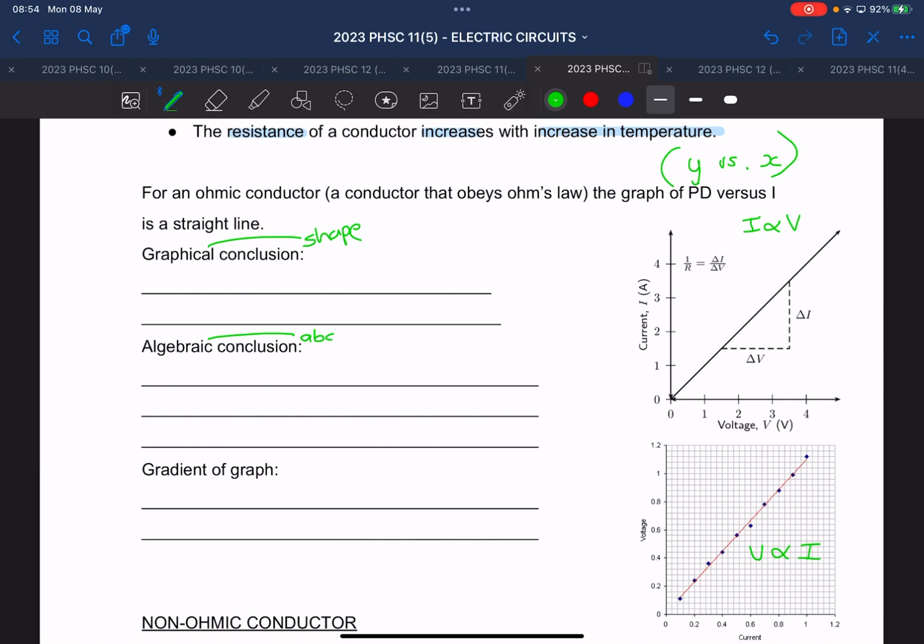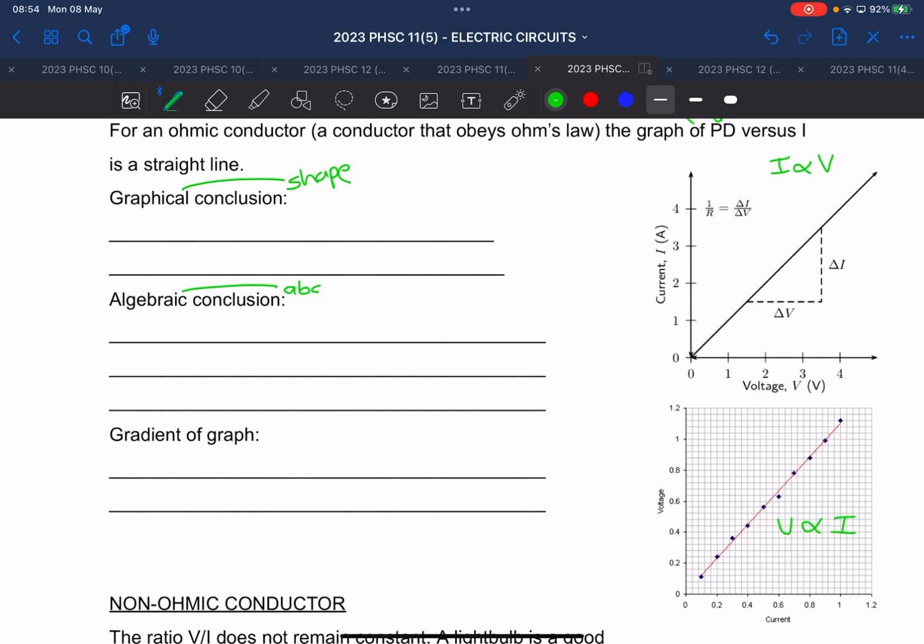Because we have two graphs, let's do this 1 and 2. We're going to compare the two. What is the graphical conclusion for this one, that one, and so forth. The graphical conclusion for the first one, we just did it. We saw that it's a straight line graph.